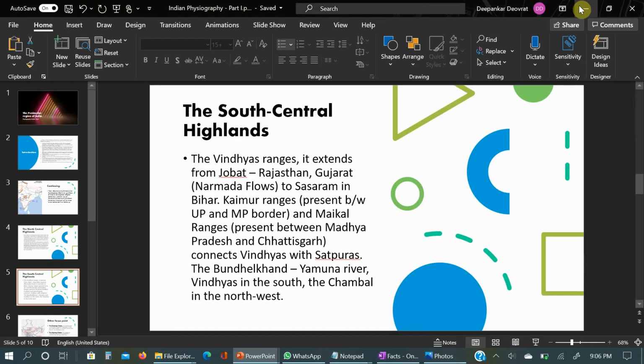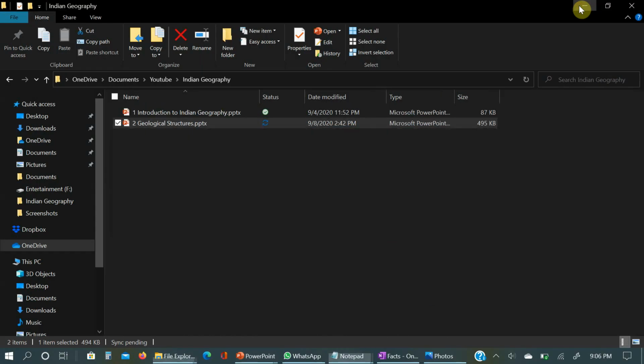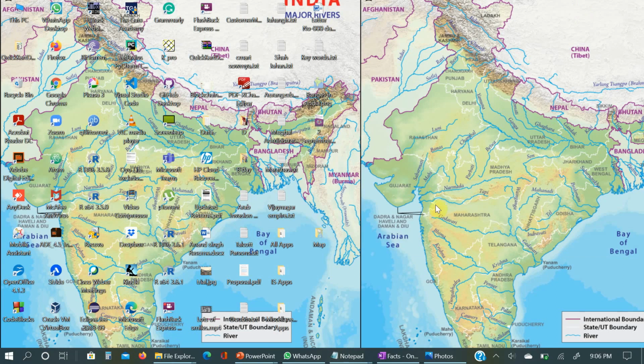Where these rivers are present: see, here your Narmada, Mahi and others are coming into the Arabian Sea. And here your Betwa and others are flowing in the northward direction, Banas, Chambal and others, and they join the Yamuna.